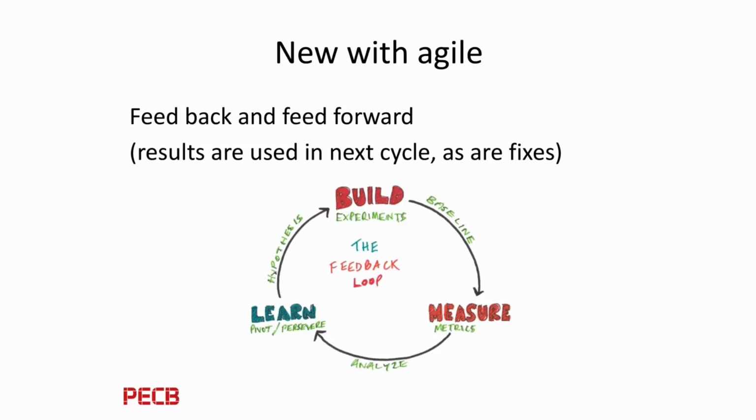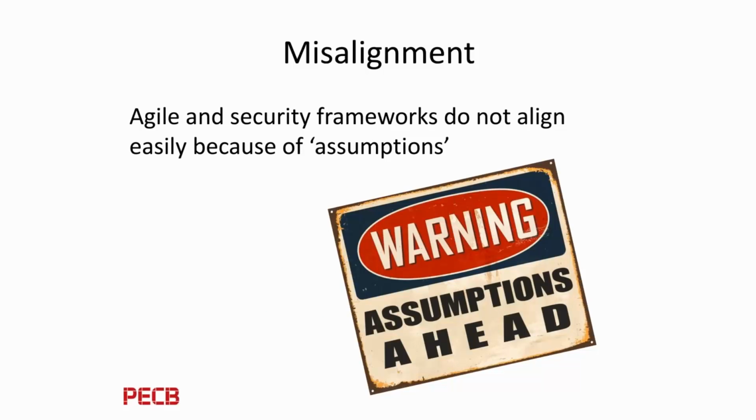So there's a very short cycle time as well, and results from one cycle are used in the next or even the next one cycle after that one to make sure that you do some sort of continuous improvement. So those are the things that I think are really marks of an Agile approach.